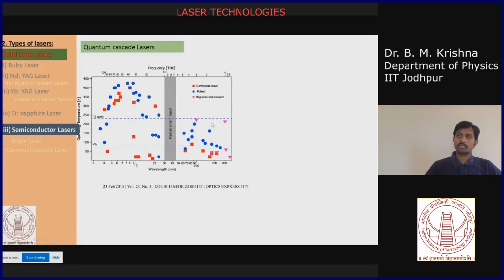You see the optimal regions are in the low temperature conditions, though some of the quantum cascade lasers work in room temperature conditions, that is limited to up to 30 microns. We don't have any other quantum lasers in the higher wavelength region, that means far higher as well as in the terahertz region.